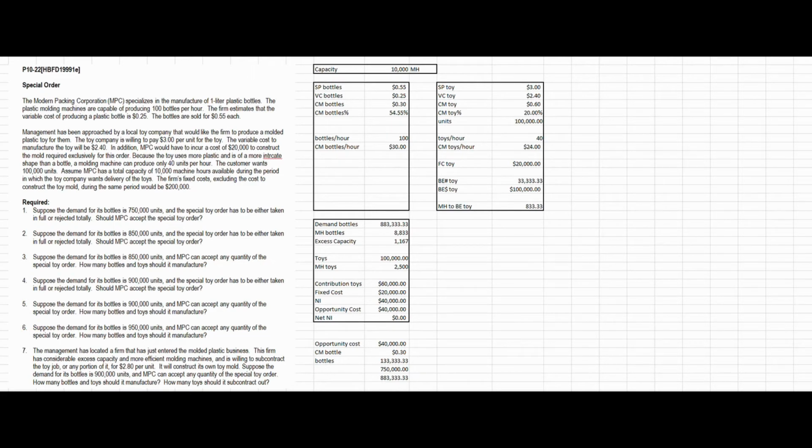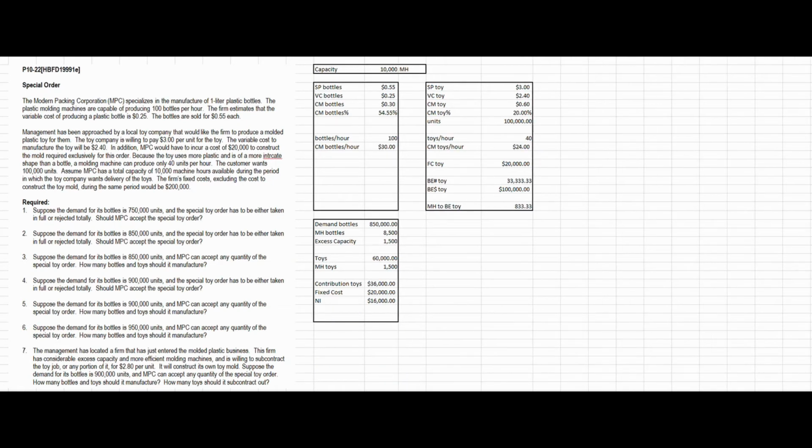Because in order to manufacture the 100,000 units, we have to take constrained capacity away from the manufacture of bottles, and that creates an opportunity cost. This is going to contrast with the other scenario where we can manufacture any amount of the special toy order. So in this situation where we have the flexibility to accept any quantity of the toy order, we've got a different kind of scenario here.